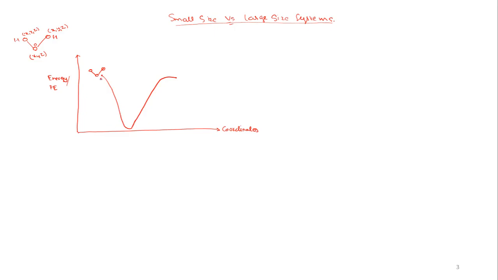Okay, so in this energy diagram, at this position, maybe your water molecules are placed at this particular distance. At this point, your water molecule can have this conformation. At this point, your water molecule can have this conformation.